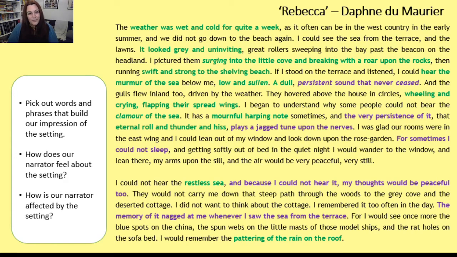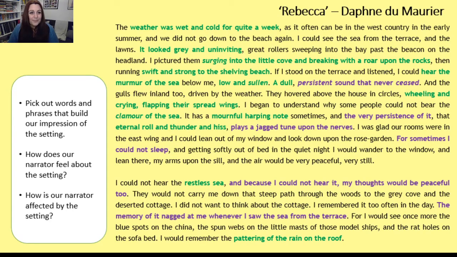And the fact that we've had this extra bit of information that it never ceased, it's almost as if the narrator wished it would, and it won't. So I think we can infer here that the narrator is really not enjoying the sound of this sea at all.